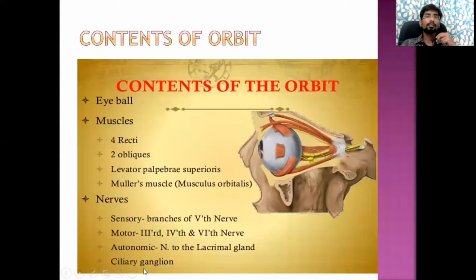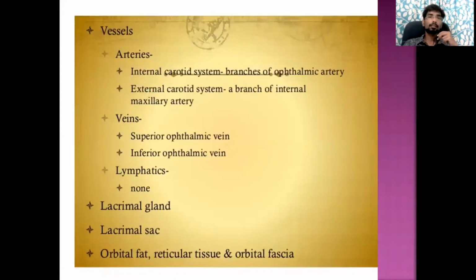Next is the contents of the orbit. So the eyeball along with 4 recti and 2 obliques, levator palpebrae superioris and Muller's muscle. Nerves are the fifth nerve sensory branches, and third, sixth, fourth nerves, and autonomic nerves to the lacrimal gland and ciliary ganglion.